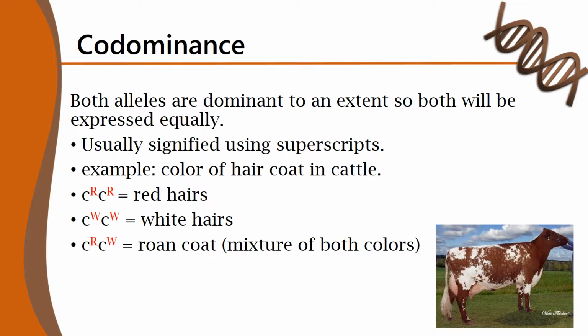So in the case of the cow, to be homozygous for red, you would have big R and big R above the color gene. And in the case of being an all white cow, you would have big W. And if you had what's called a roan coat, so the mixture or the spot colors, you would have a big R and a big W.